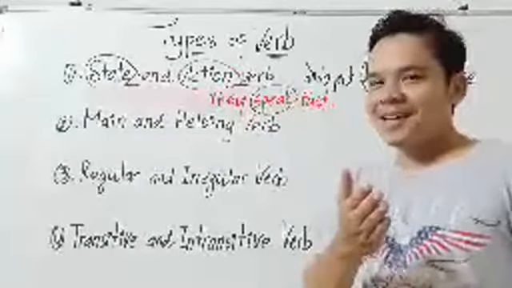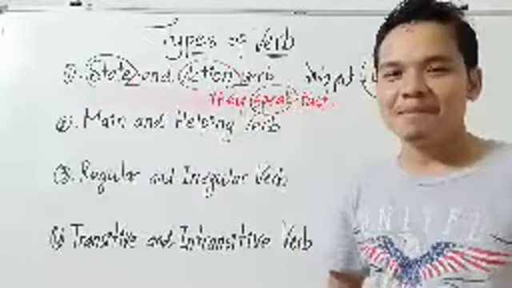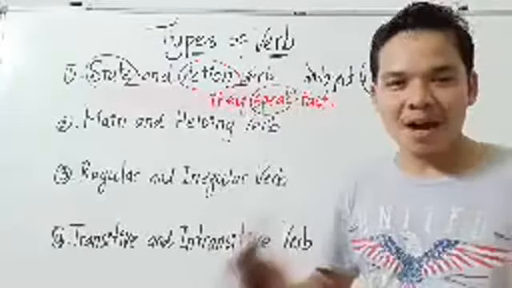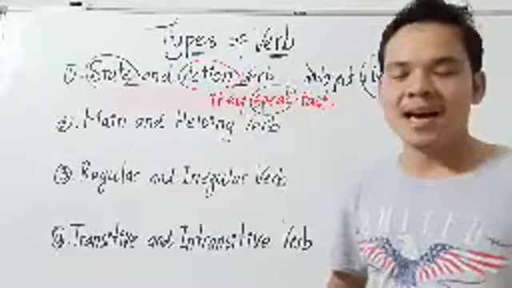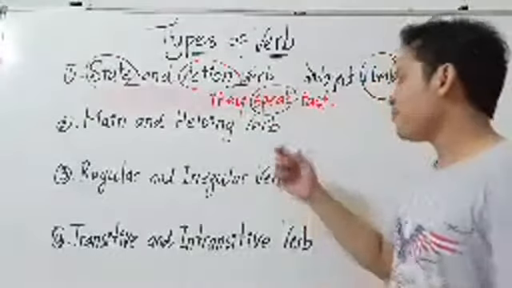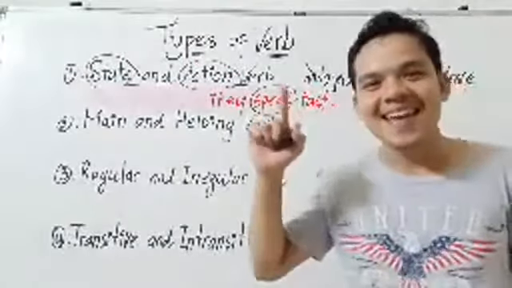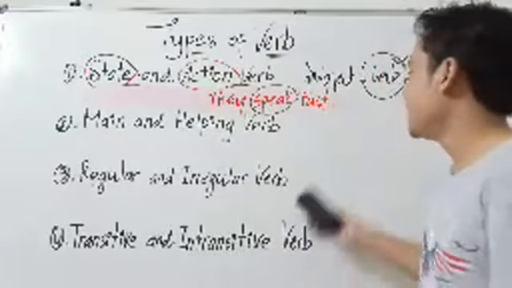You know, do you understand about state verb and action verb? I'm sorry for some mistakes. But as I told you, if you don't understand any part, you can comment below this video. I will reply to you. Okay, so the action verb is the word that shows the action in a sentence, like that.